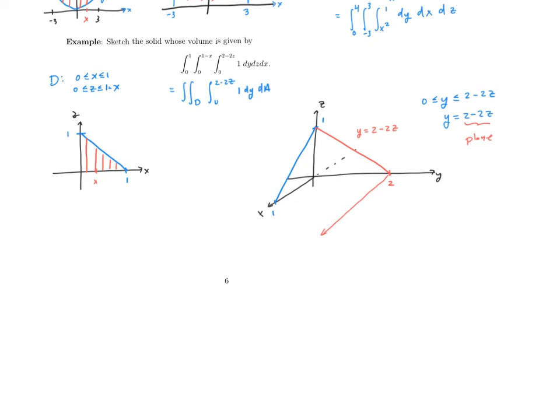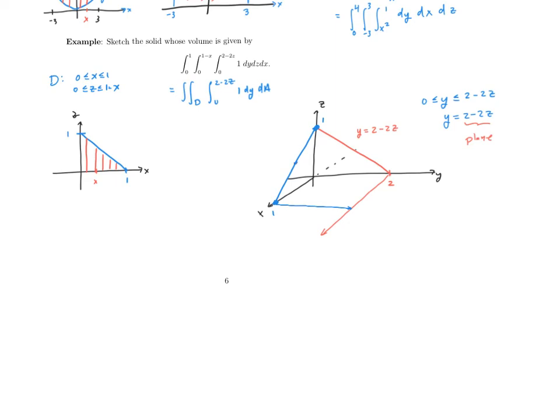And what we need to do now is for each point in D, this triangular region to the left, we need to let our y value vary from 0 to the plane. So if you were to start up at this upper point at 0, 0, 1, you're on both planes at once, you can just stay there. But note, if you're all the way down where x is 1 and y and z are 0, you would go in the y direction all the way until you hit that red plane.